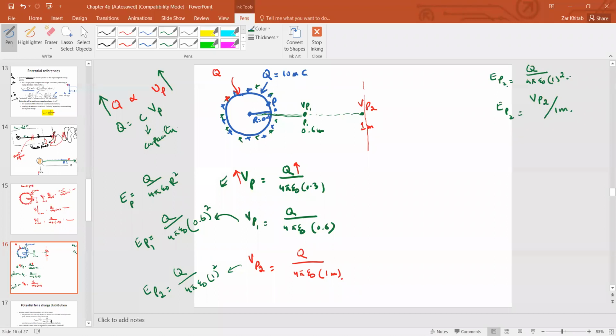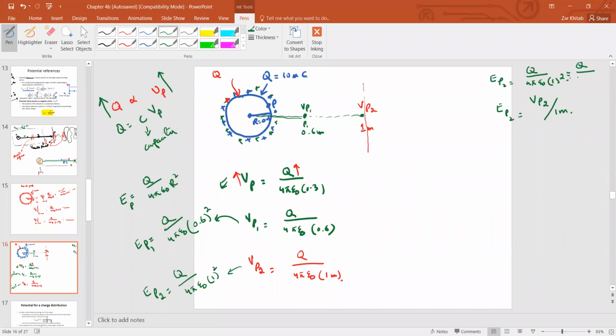Am I right? Which equals Q over 4 pi epsilon naught into 1 into 1. Am I right in this case? Yes, this case is a little interesting.